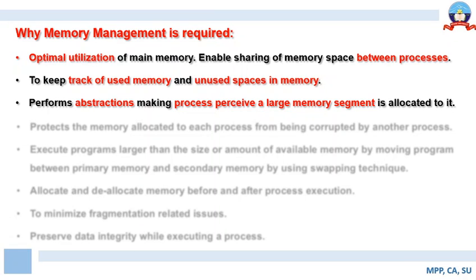A memory management scheme is used to perform abstraction, making a process perceive as if a large amount of memory is allocated to it. What actually happens is that whenever processes request main memory, we cannot bring the entire process onto the main memory.